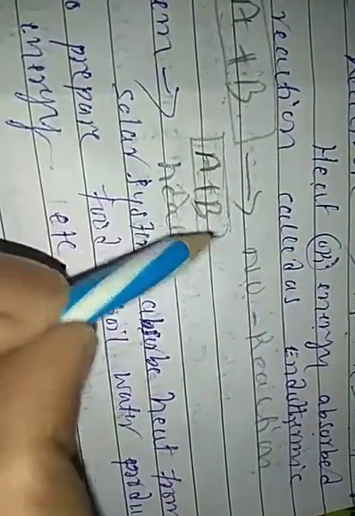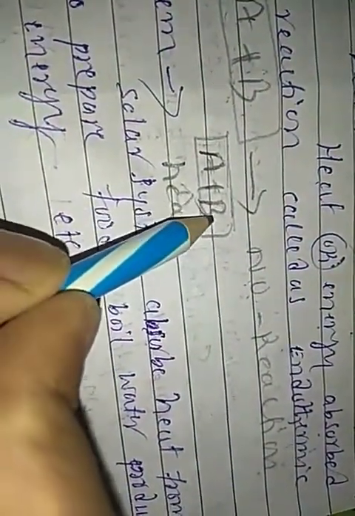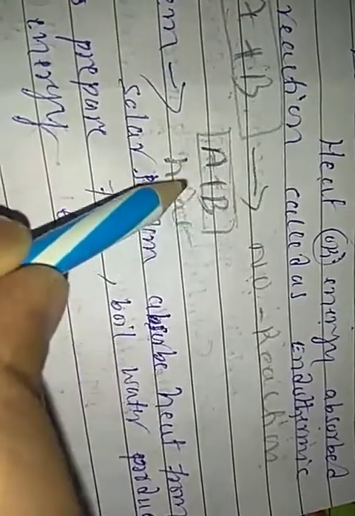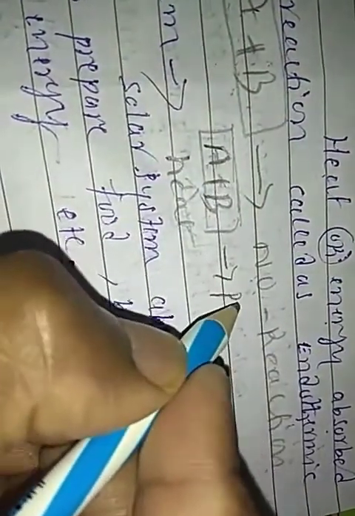In the second chamber I am using A and B again, students, in which I am supplying heat. When I supply the heat, unreactive A and B become reactive by absorbing heat, and they form a product.